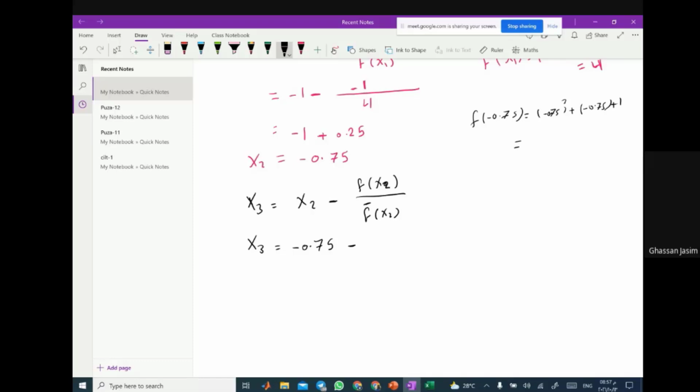Let's calculate this. If I write it like this, I can't calculate. Let's say minus 0.75 cubed, minus 0.75, plus 1.